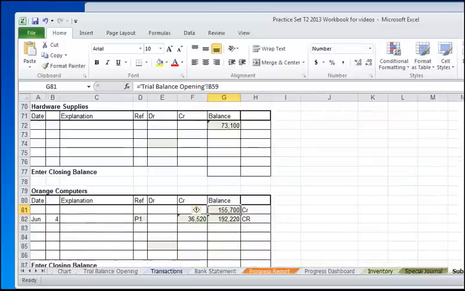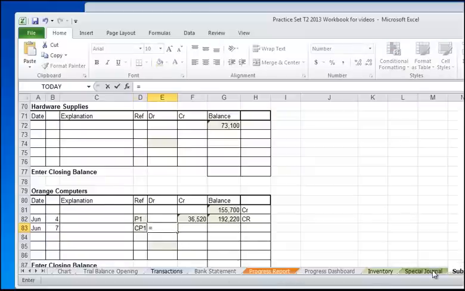We go to the subsidiary ledger, Orange Computers, June 7, I think, but it is a cash payments one. It is an amount of 55,700. So what's our balance? Our opening balance, deduct anything that we've paid, add anything that we've purchased, gives us a closing balance of 136,520. Credit.